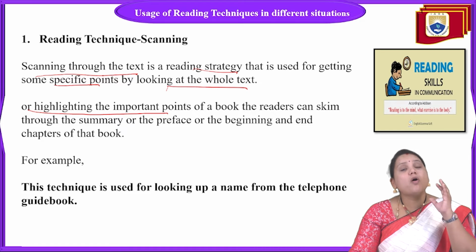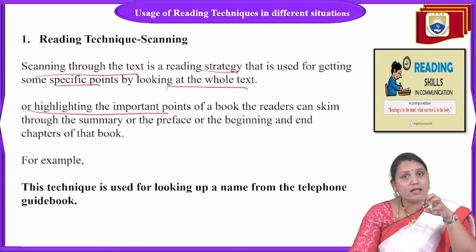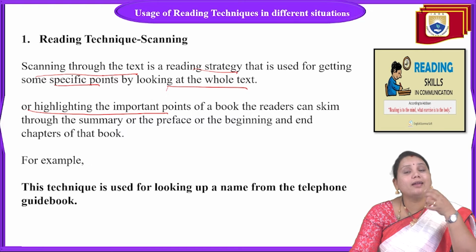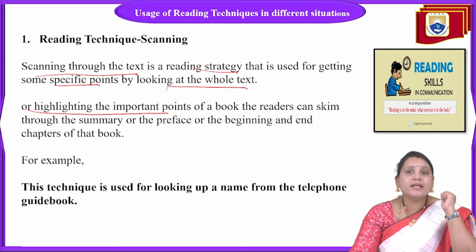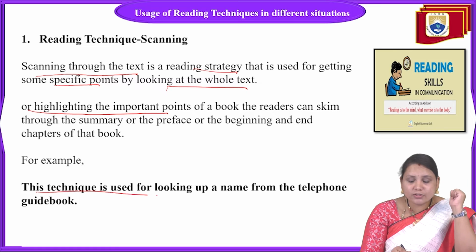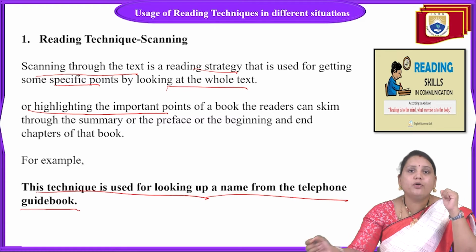So, you can also use the skimming technique in between, but when it is scanning, you will be looking for specific words, identical, which will fetch or cater the need of your reading process to gain that information. Now, for example, this technique is used for looking up a name from the telephone guidebook.